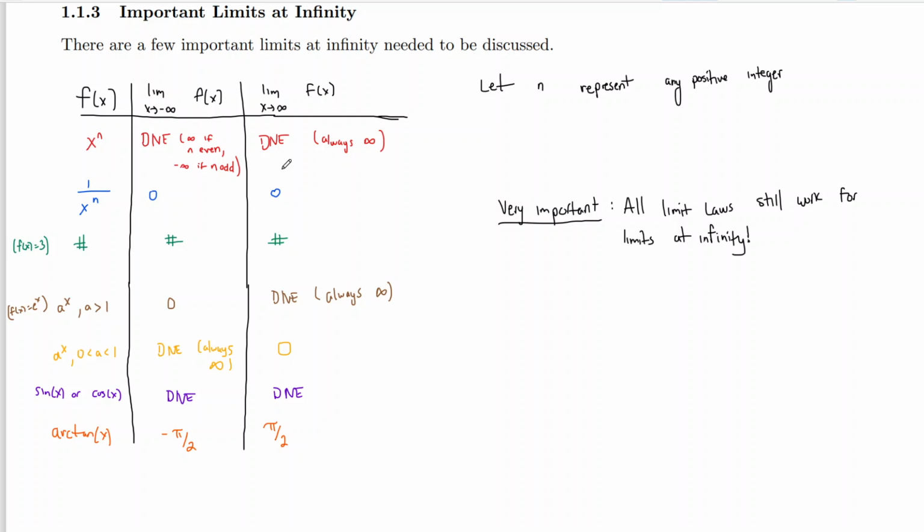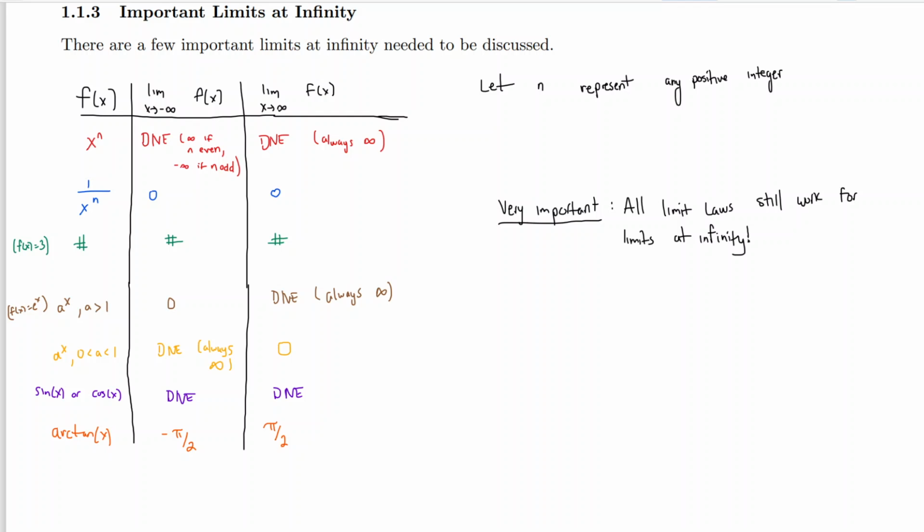So you'll notice I have x to the n, I have 1 over x to the n, I have just a number like f of x equals 3. I have exponential functions as the next pair. Sine or cosine, we could actually do every trig function, but really sine or cosine explains them all. And then very special arctan. So what I'm writing here for arctan will not apply for all inverse trig functions.